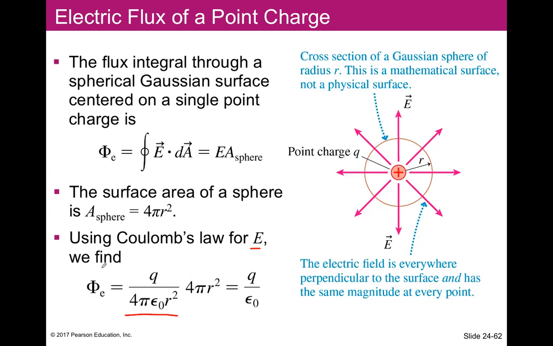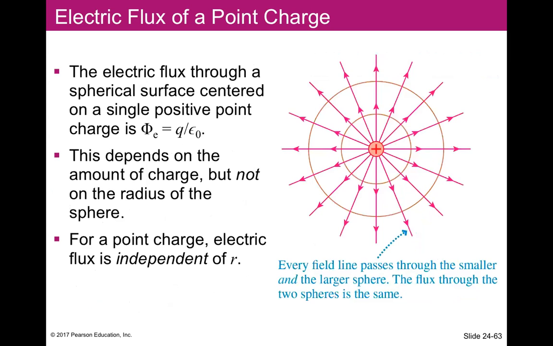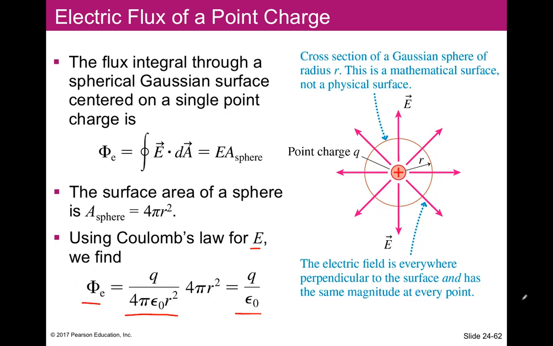Then here, the flux equals Q over epsilon for such a system, which is a spherical system with a point charge. So this is the basic equation of Gauss's law. Gauss's law simply tells us the flux equals Q over epsilon 0.